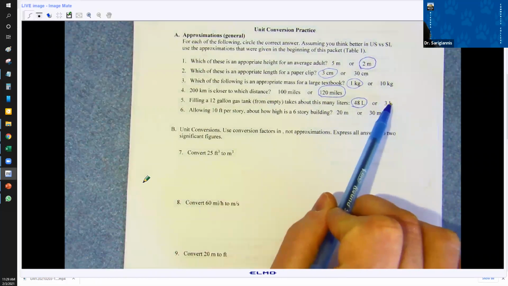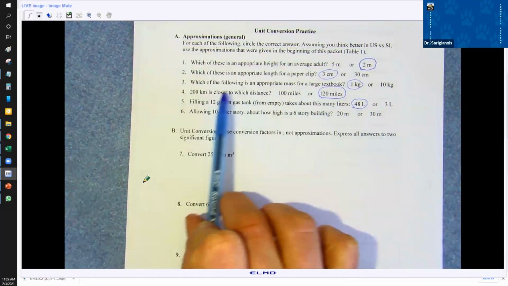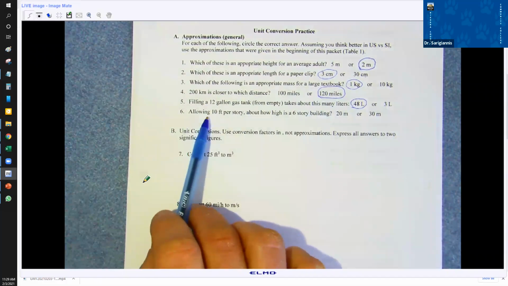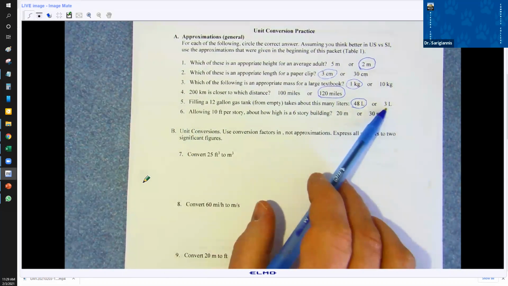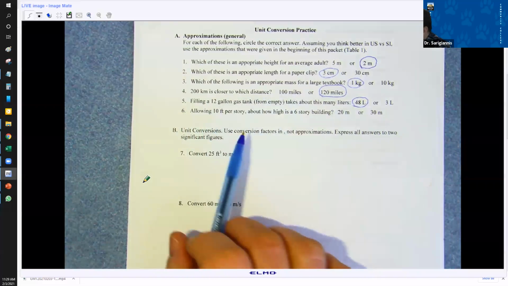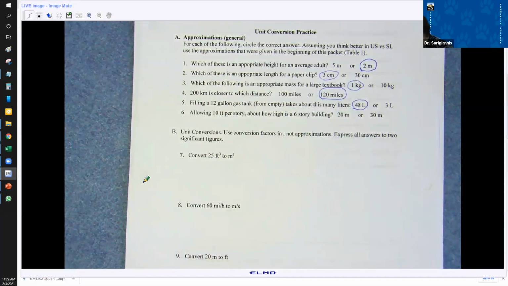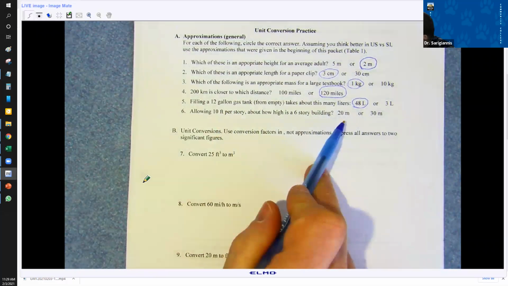If you're used to converting liters to gallons or gallons to liters, it's going to be different. So it's approximately a factor of 4. So yeah, 12 divided by 4 gives you 3, but then you have to look and say, oh, wait a minute, I converted the wrong way. 10 feet per story, approximately how high is a 6-story building, right? So you look at that, you're like, okay, it's about, what do you guys think?